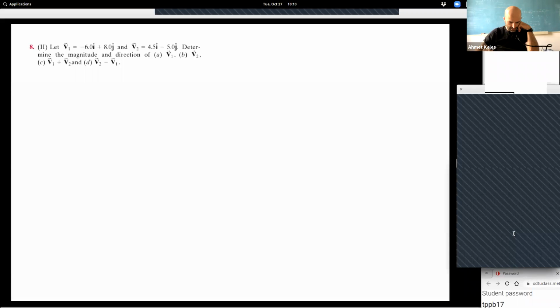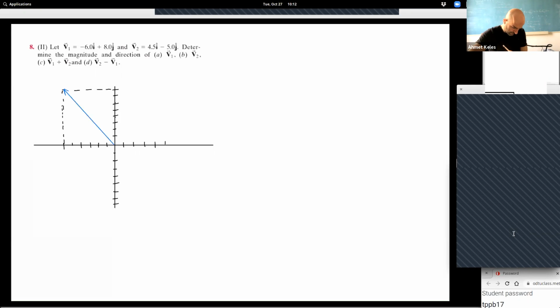Okay. So maybe I can draw some pictures. Okay, this is V1. V2 is 4.5 along X, 1. So determine the magnitude and the direction of V1, V2.